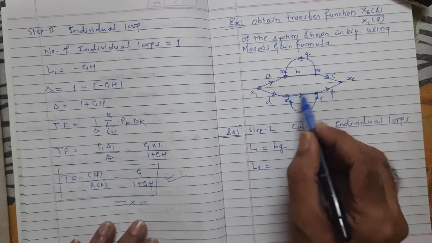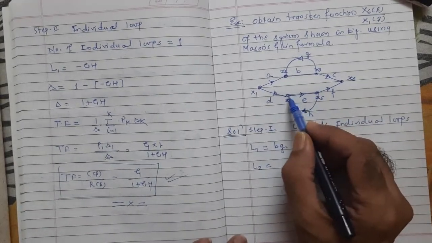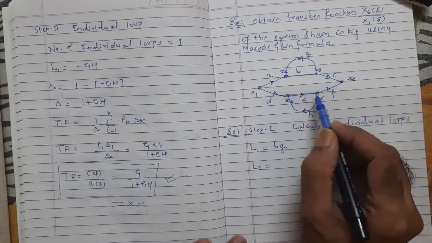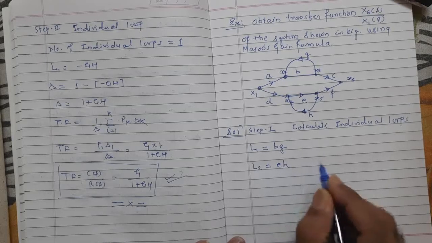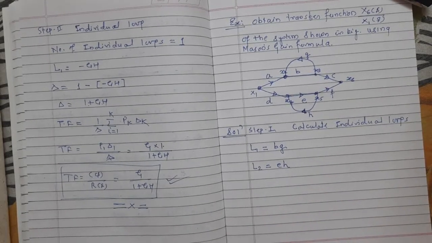The starting point and the end point of the closed loop are the same. So this becomes E into H. This is another closed loop system.